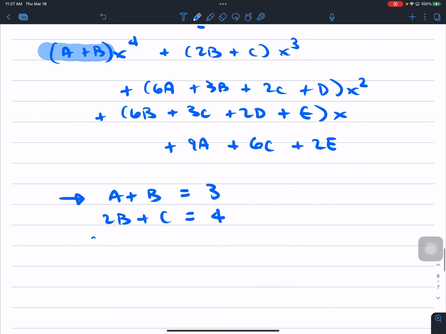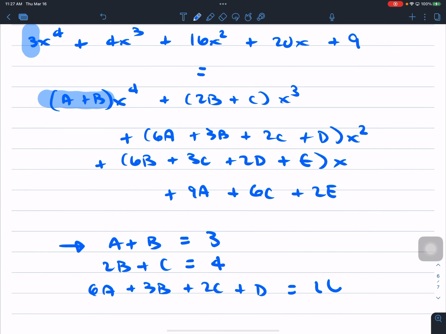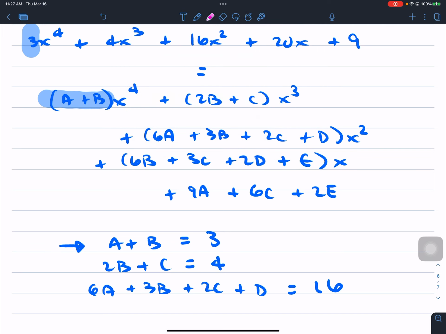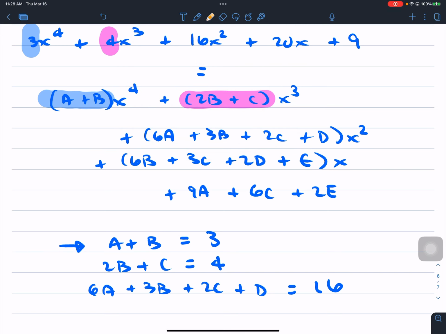And then what do you have? 6a plus 3b plus 2c plus d. That equals the x squared term. So that equals what number? 16. You guys see what I'm saying? This portion has to be 4. This portion has to be 16.